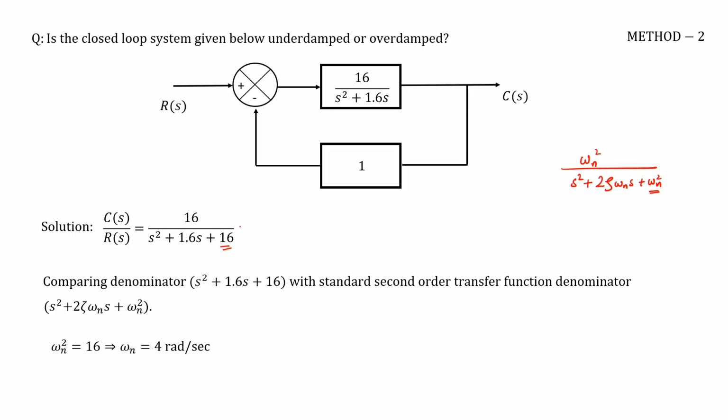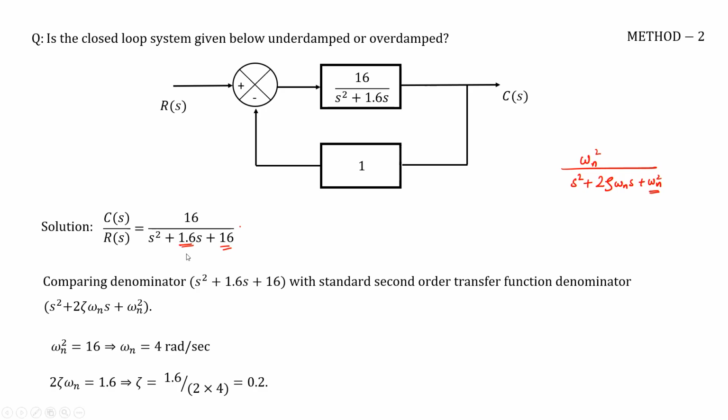The damping ratio in this case will come out to be 0.2, because 2 zeta omega n equals 1.6. Damping ratio is a ratio, so it does not have a unit. This is how you can directly find out whether the closed loop system is underdamped or overdamped.